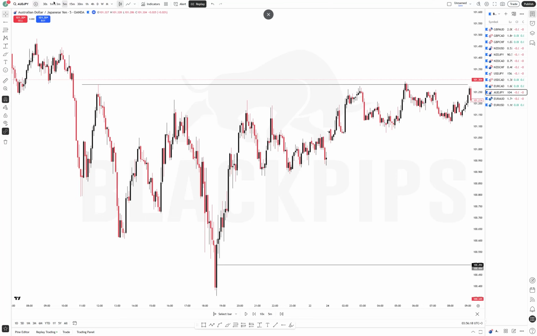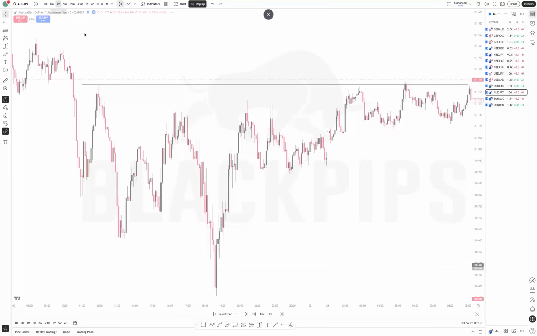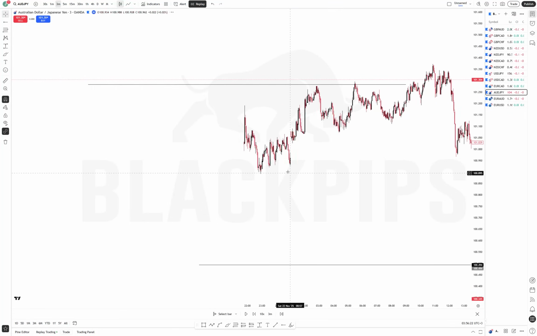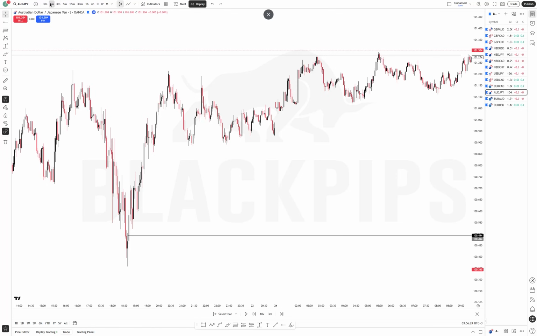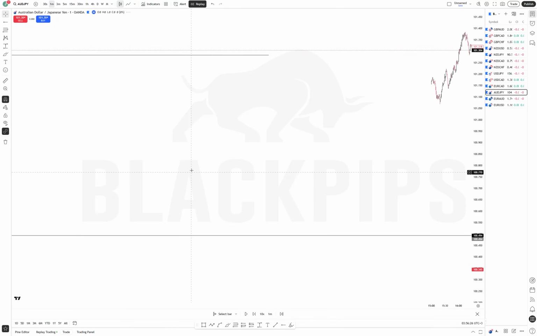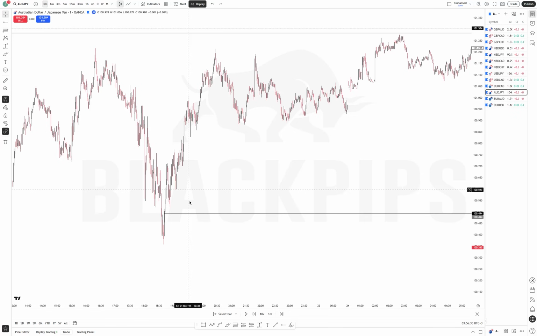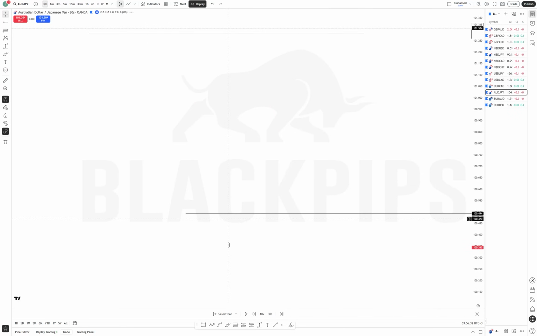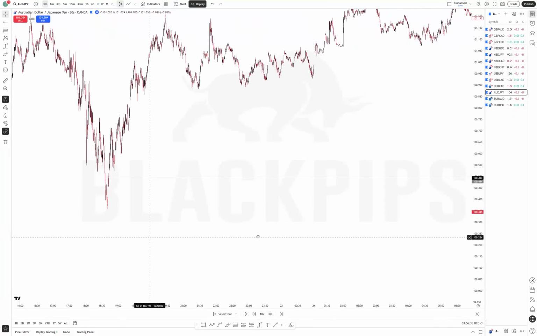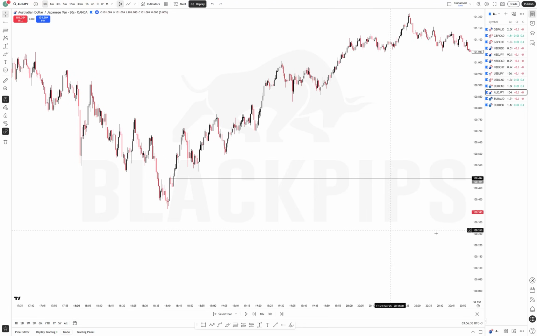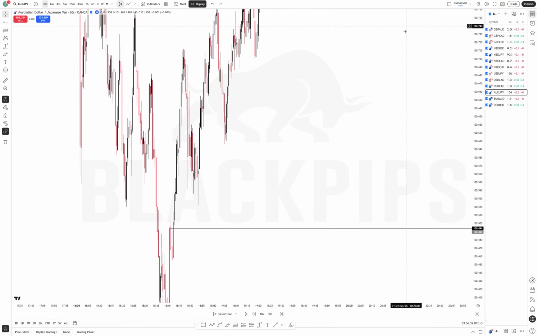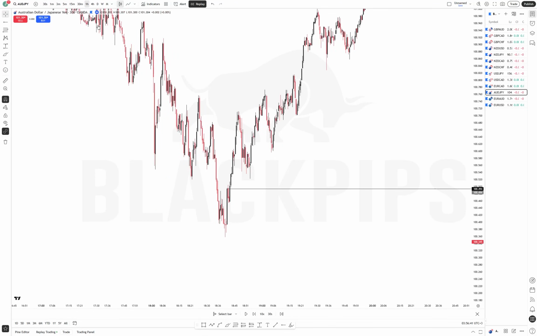I think I found this inside formation in the 1 minute time frame, if not 3, I think 1 minute 30, yes, 30-second. So in the 30-second, what you can see is that we had this inside formation down there, which was not yet taken, as you can see, guys. So that is where I put my entry.